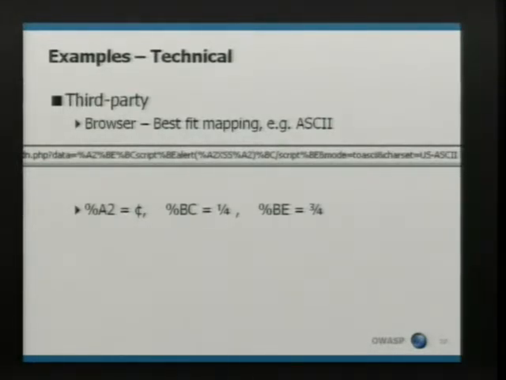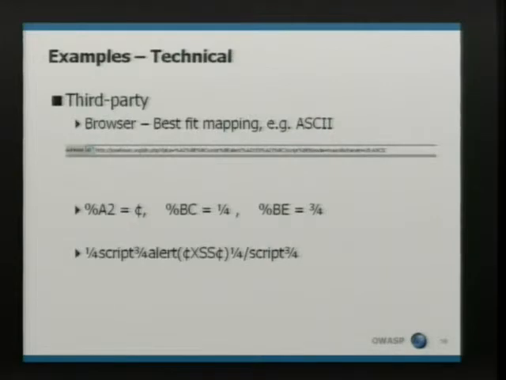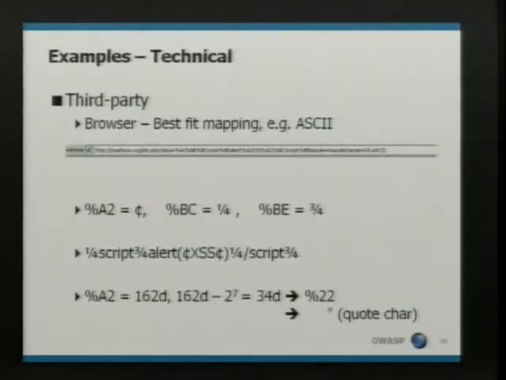So why did this happen? This is the statement, right? You see, this is definitely not what you should expect. The browser has to guess what, for example, %A2 is. First of all, maybe it casts it down to a decimal representation.